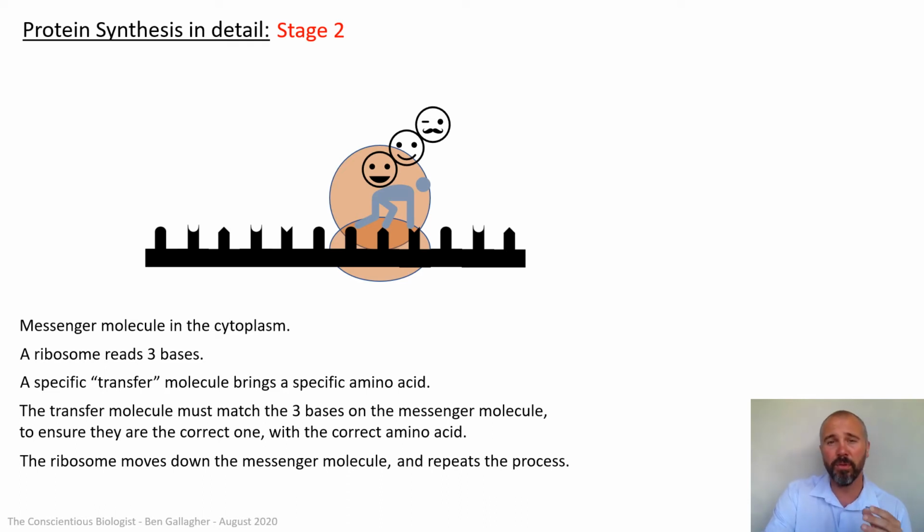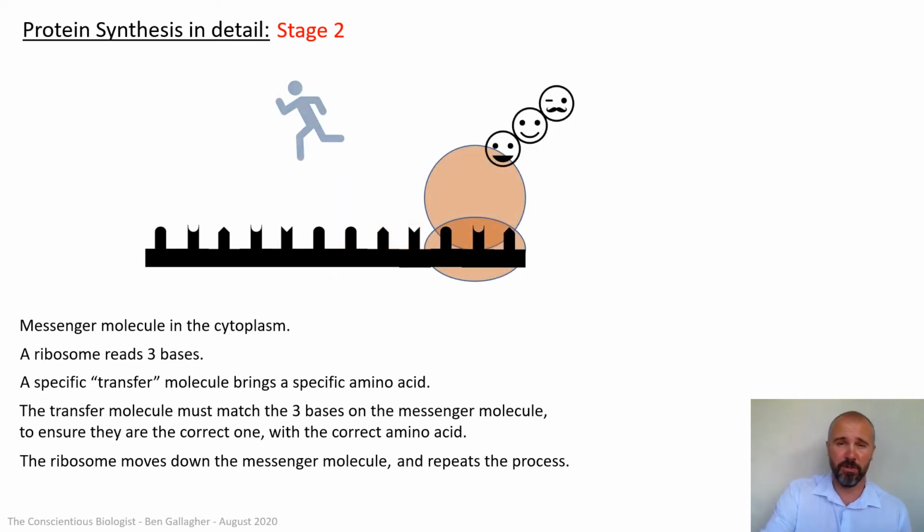Another transfer molecule that matches the next 3 bases comes along with its specific amino acid and gives it along. Then it goes off and finds another one and the ribosome moves along again. You're seeing the pattern happen now, and it just repeats. The ribosome reading 3, recruiting the transfer molecule it needs, which gives it the correct amino acid, and then that one heads off and it moves to the next, and so on.